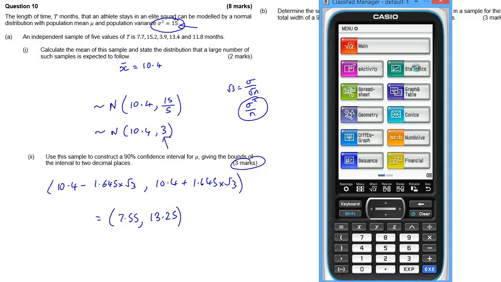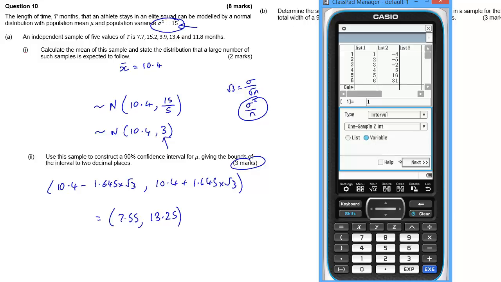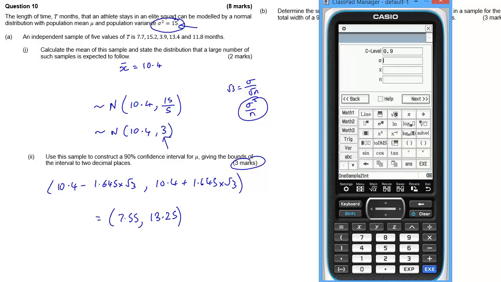So if we go to statistics here, calculation, and we want an interval, and it's a variable, and then 0.9, our sigma was the square root of 15. And that was 10.4. And we had 5 in each sample, and then if we go next we can see the 7.55 and the 13.25 here.